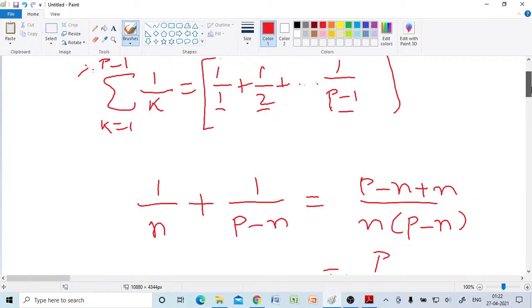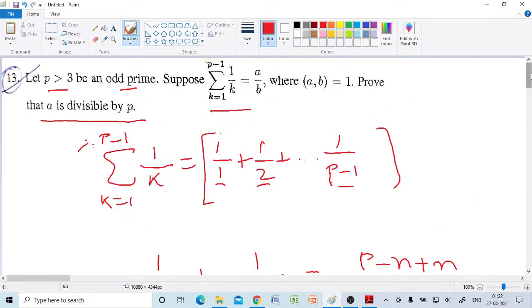This was kind of fun. This was a very interesting problem. It's a very simple one, but a very interesting one. Okay.